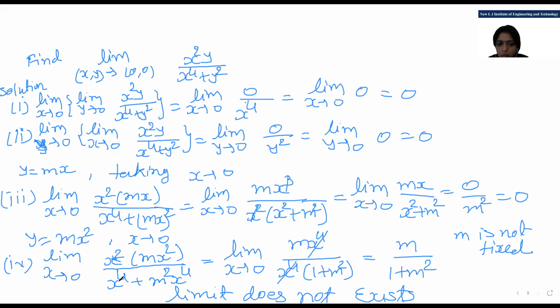Here both the power x raised to 4 and, by putting mx square, the power of x are same. So no need to go for checking another path, that is mx cube. So this is the answer. Limit does not exist.